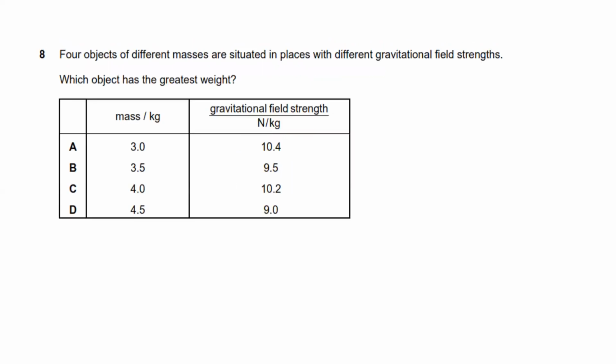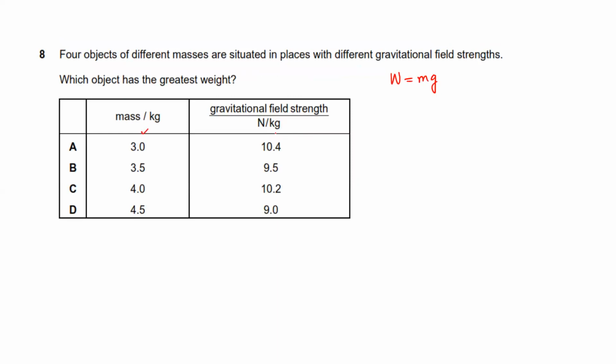Next question, question number 8. It says 4 objects of different masses are situated in places with different gravitational field strengths. Which object has the highest weight? Remember, weight is equal to mass times gravity.